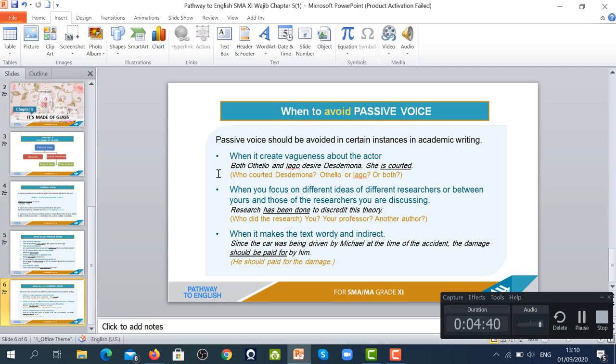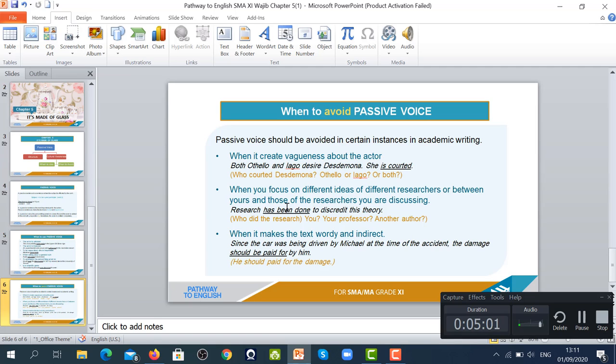She is courted. Why is it called vagueness? Because it is not clear who courted Desdemona, Othello or Iago or both. So it's called vagueness. We can say ambigu in Indonesian.